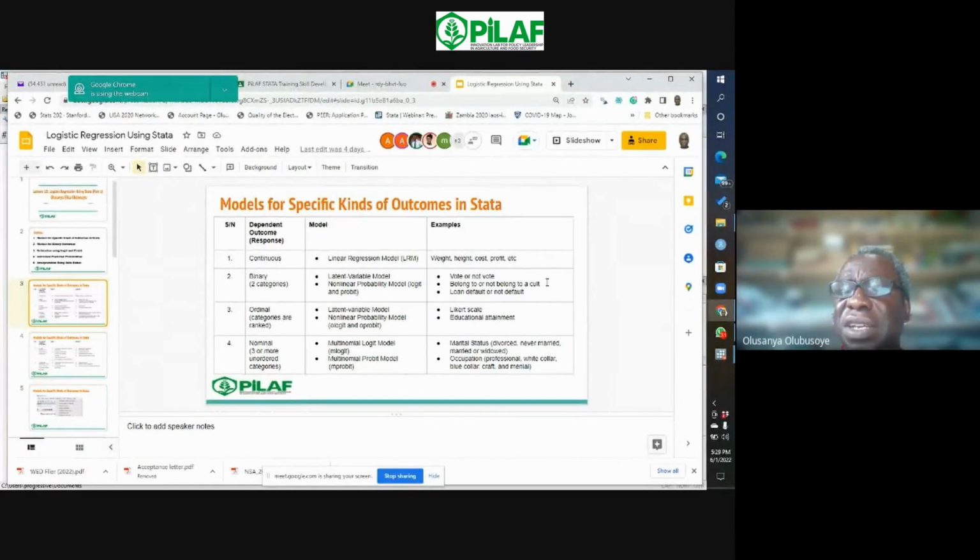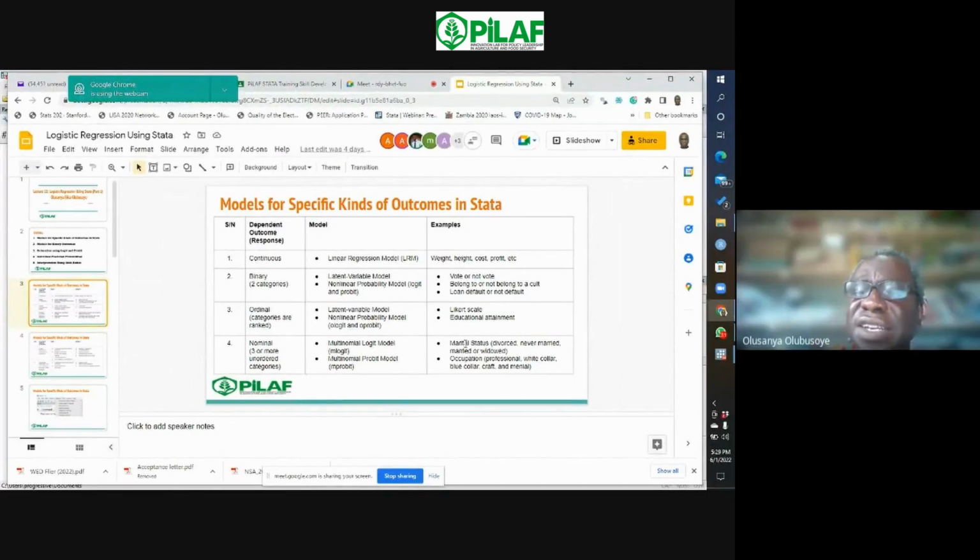If a person is divorced, I give that person 0, and if that person is never married or single, I give that person 1. So I can create 3 different dummies, but to avoid the dummy trap, you have to remove one particular dummy. Otherwise, of course, STATA will automatically delete one of them.